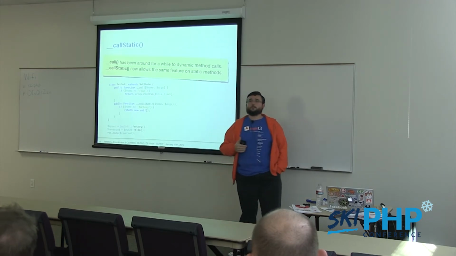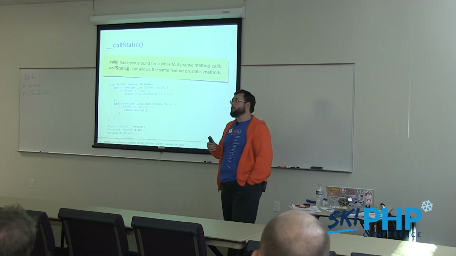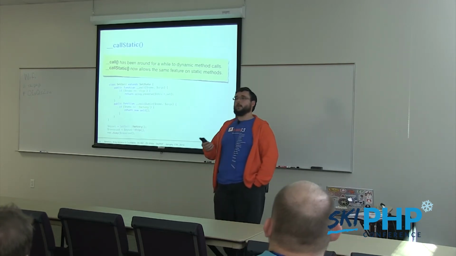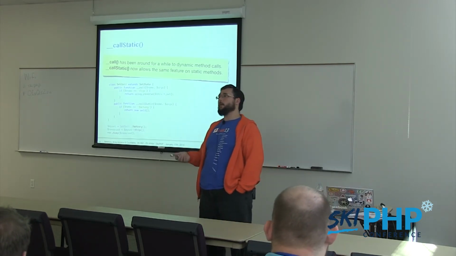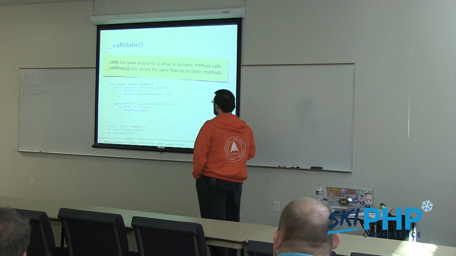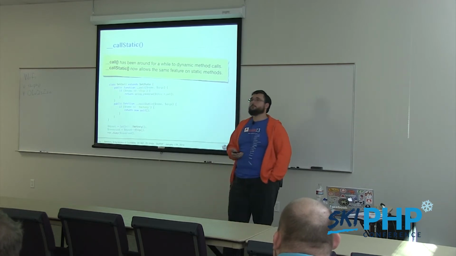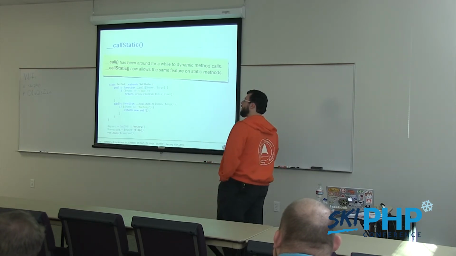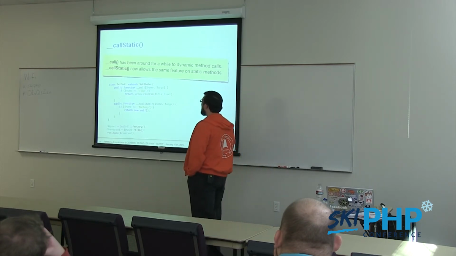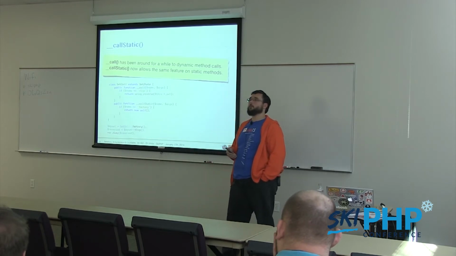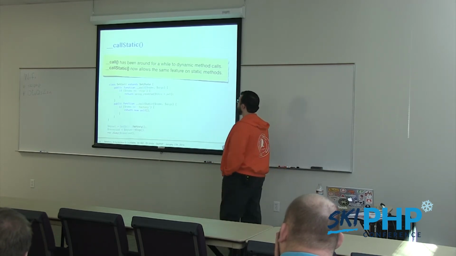This one, however, is actually fairly useful. __call has been around for a long time. It allows you to have dynamic methods, just like __get and __set allow you to have dynamic properties. Well, they added __callStatic. __callStatic is the same feature, but obviously with static methods. So now you can have your object be able to have any static method called on it, and for you to be able to handle that even if that method had never been defined.